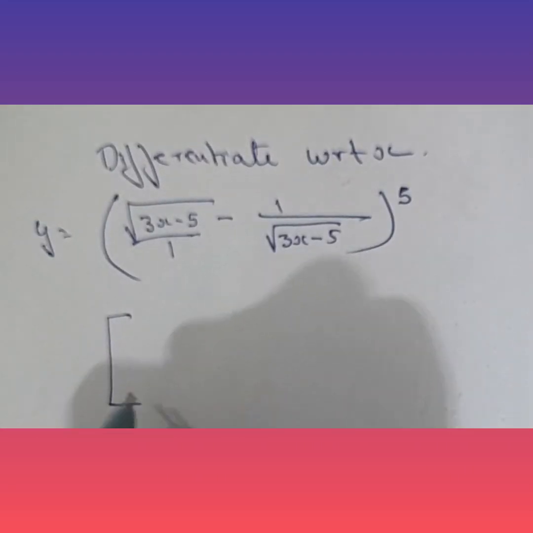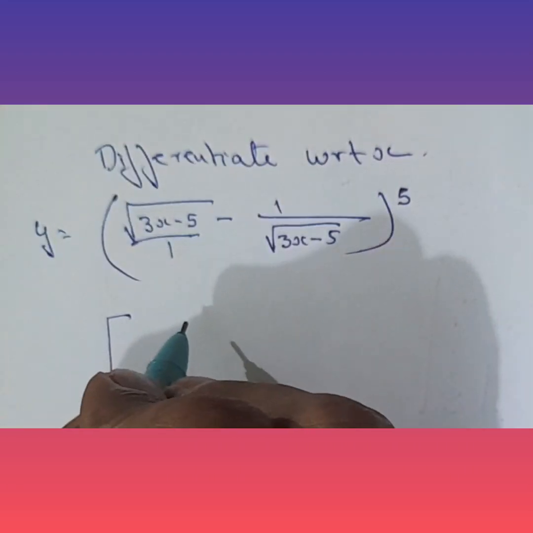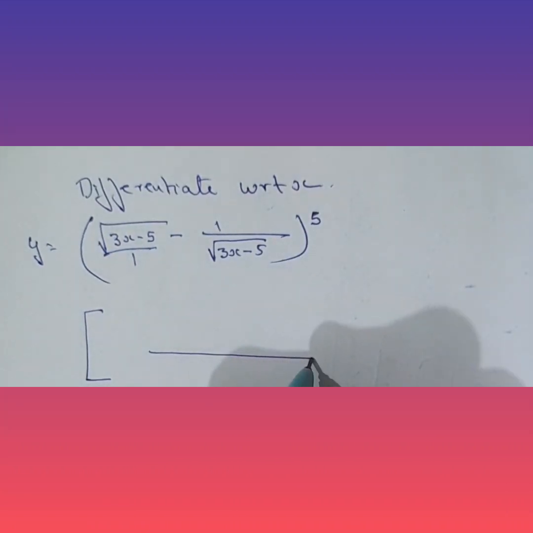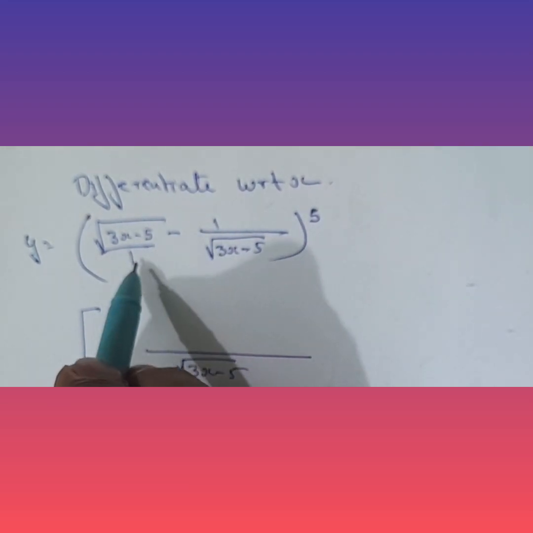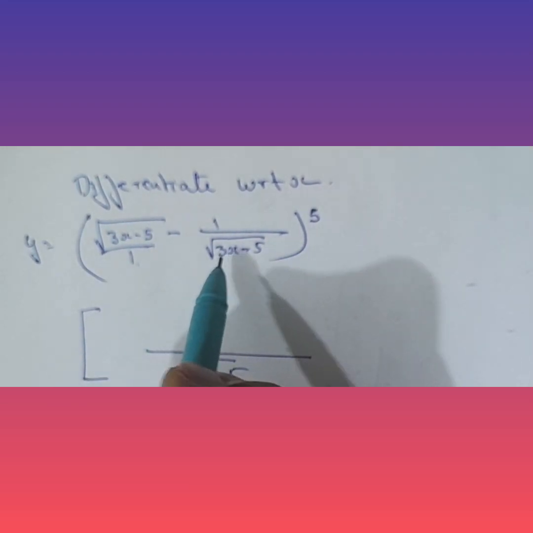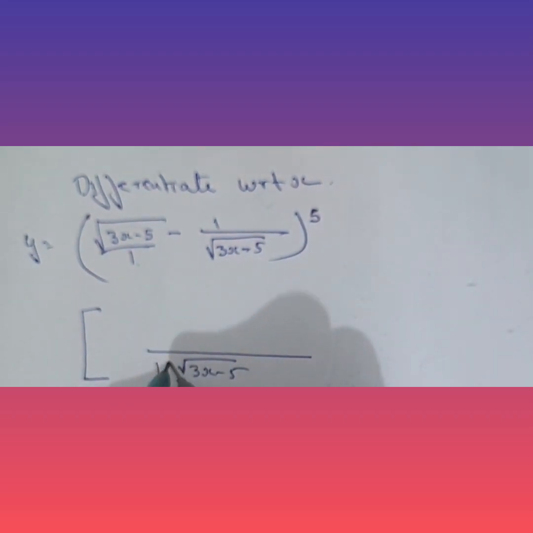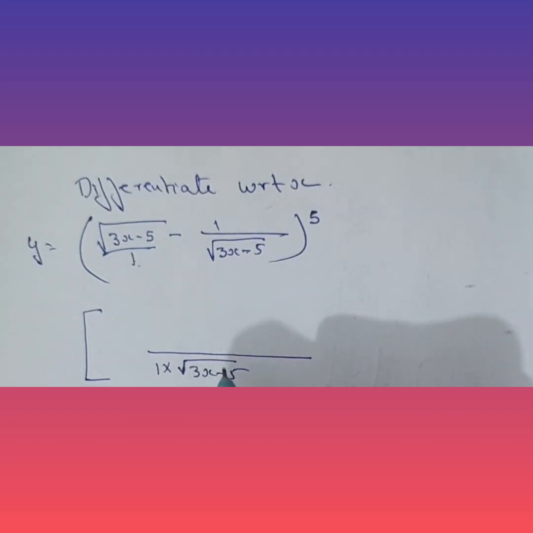Now I first put it in the bracket. So this becomes, now the base is root 3x minus 5. These two are the values which we have got to consider. So 1 into root of 3x, so I write 1 just for clarity. So in the denominator we get 1 into root 3x minus 5. Alright, so 1 is already there.